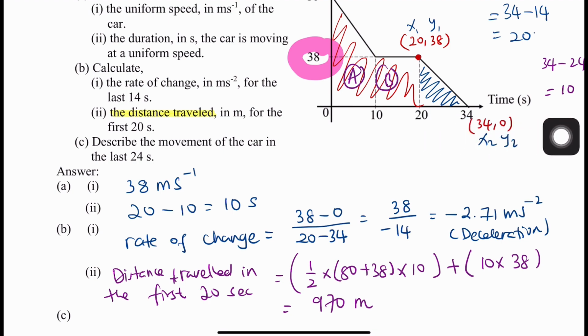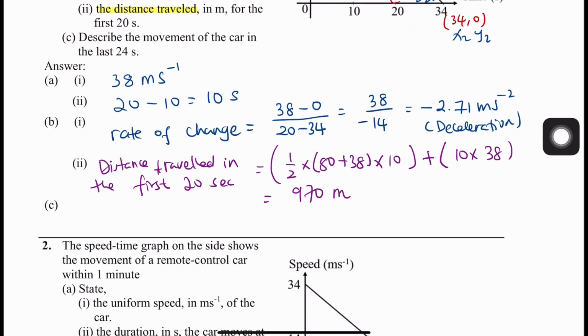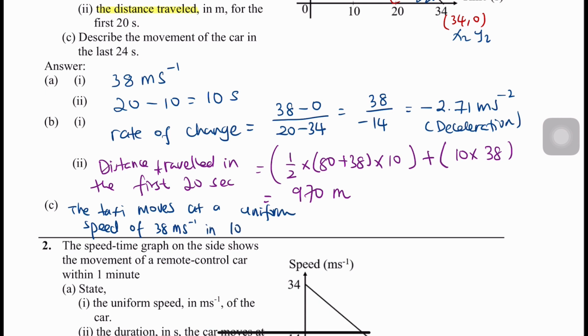Ceritalah. Okay, macam mana nak cerita? Tulis. Okay, the taxi move at a uniform speed of 38 meter per second in 10 second.